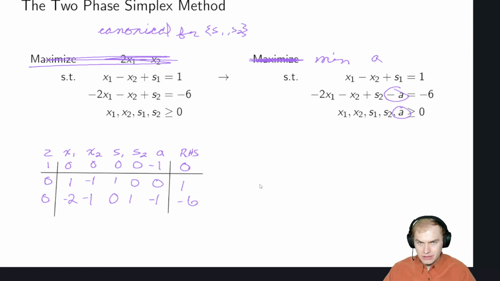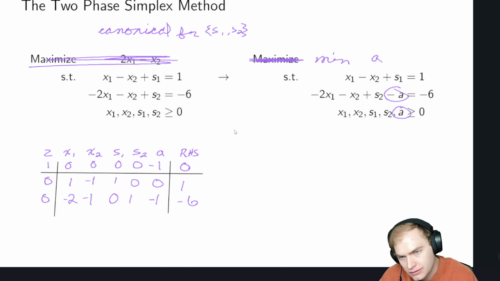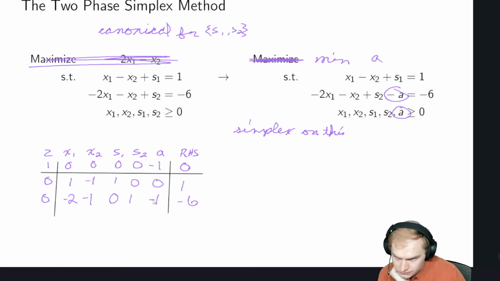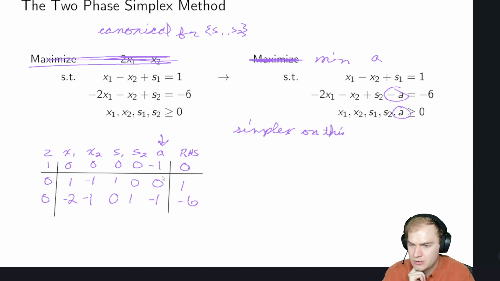So now we do simplex on this. We want to swap in A, and we get a B over A that is undefined, and 6.